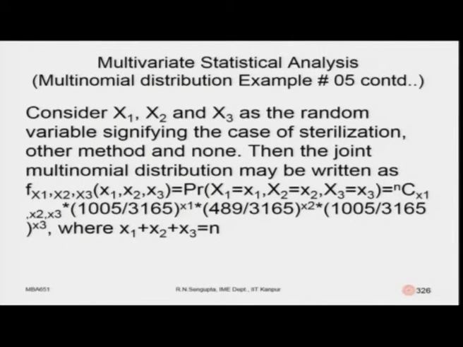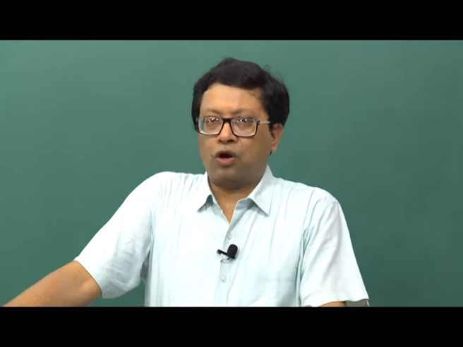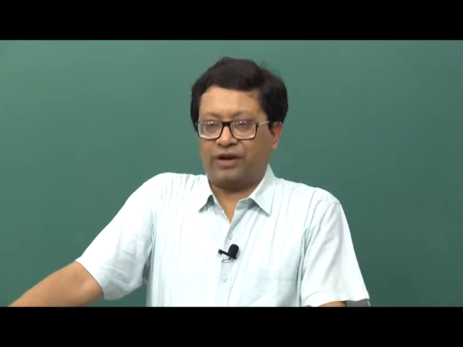Now consider x1, x2, x3 as the random variables signifying the three variables: sterilization, use of other methods, and using none of the methods. Obviously, these x1, x2, x3 random variables would depend on age, but I am considering all of them together; age is not a factor now.